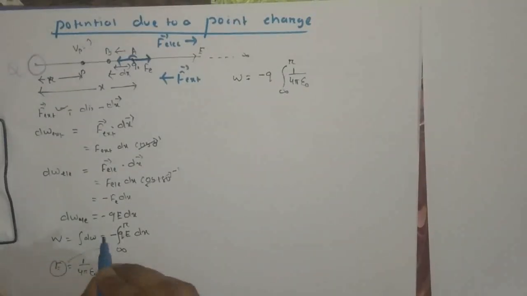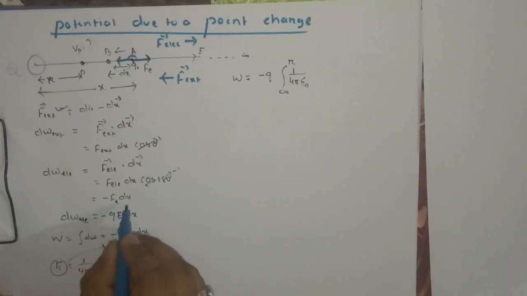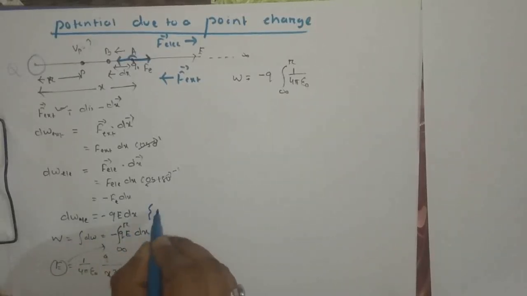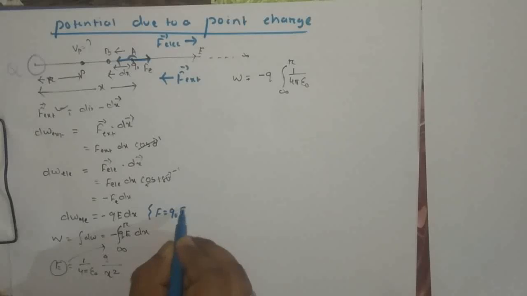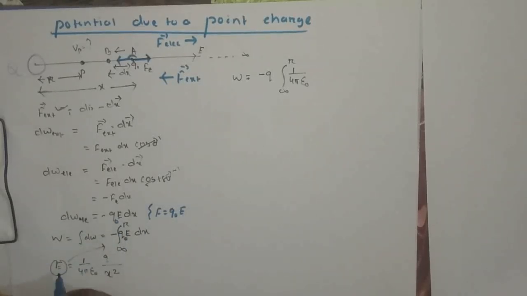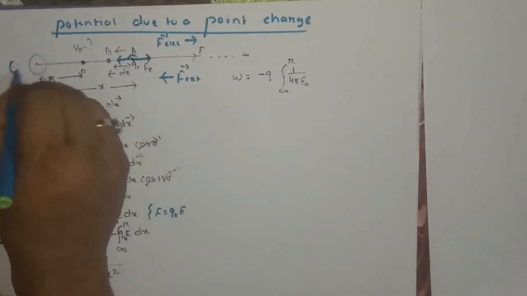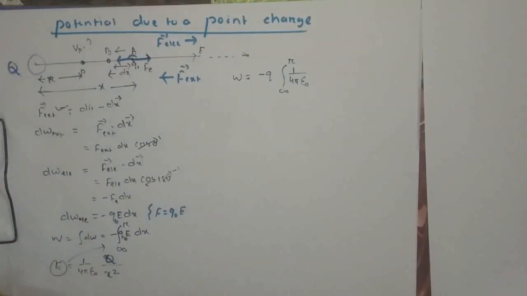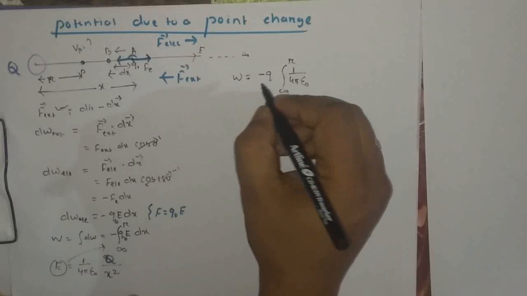What are the changes? F is QE, here I am writing F is QE. Q is the test charge, this is Q naught. Now E is KQ by R square, where Q is the source charge, so I will write here K capital Q, otherwise we will be in trouble.